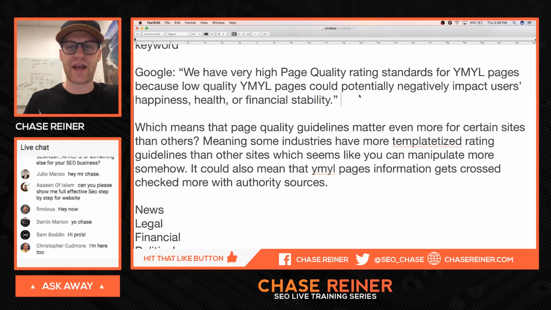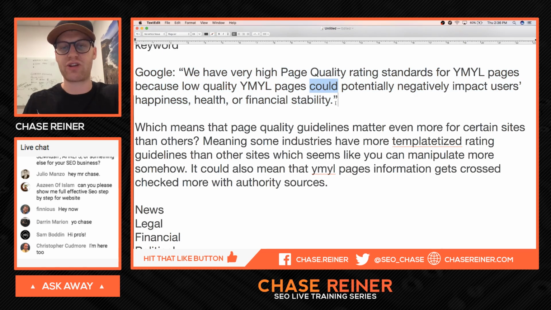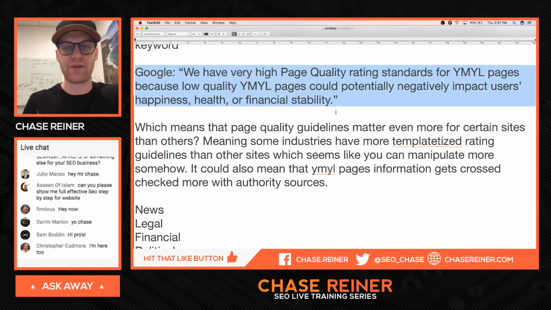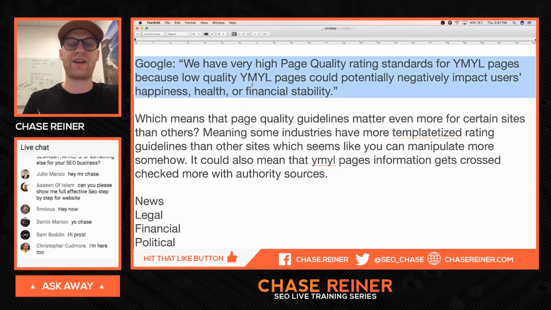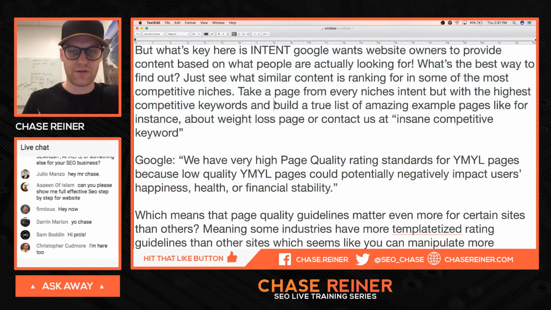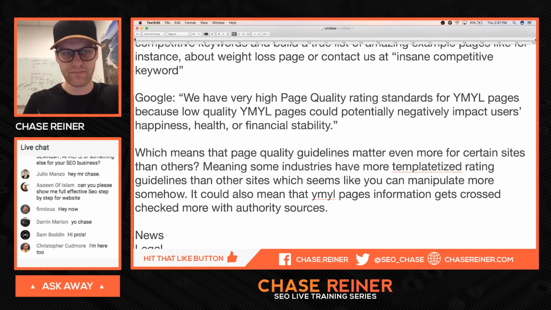If somebody's going on a health site to find out about a health problem, you hopefully want to trust that Google can give you information that is relevant and accurate. So their quality rating guidelines or standards are higher, meaning harder, than if you're just trying to rank for like a gaming page or something like that.